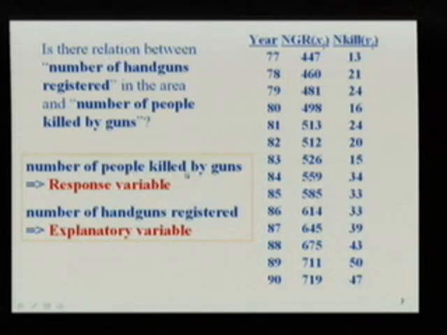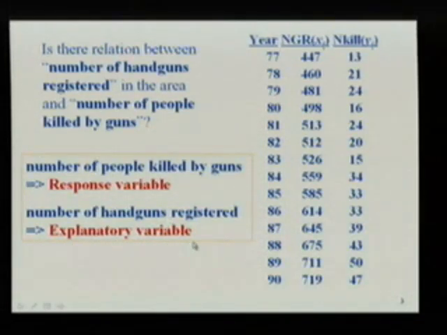So we call this number of people killed the outcome variable or response variable, in response to a certain level of a certain factor that is affecting it. And then number of handguns registered, we believe this is a factor. This is affecting why that many people got killed. So we call this variable the explanatory variable.